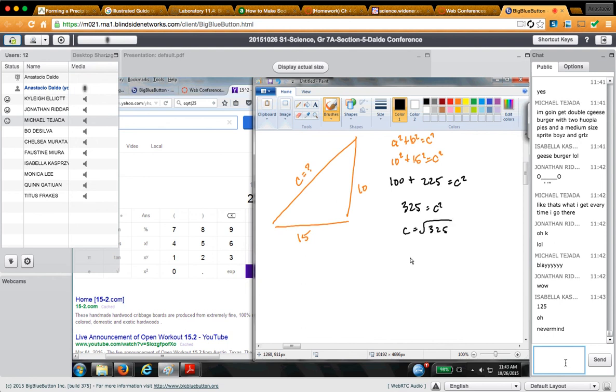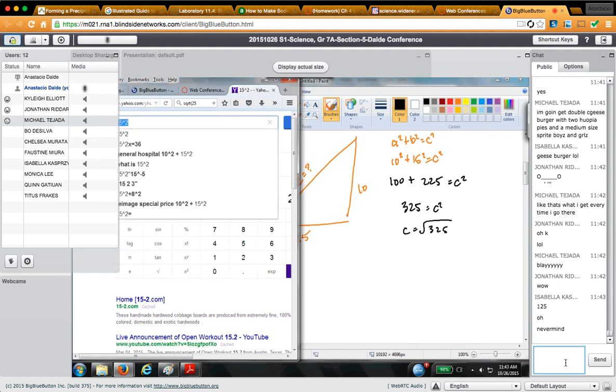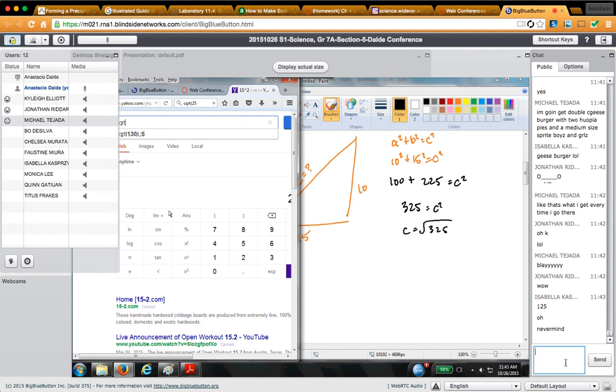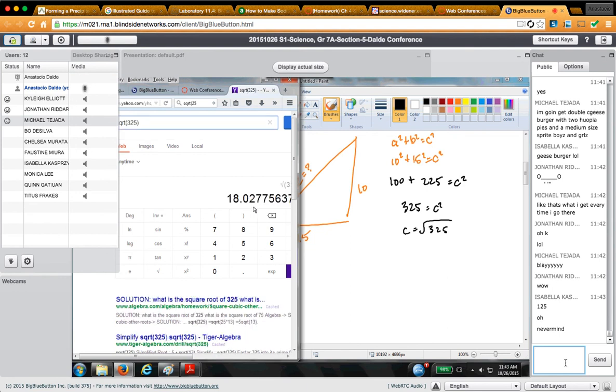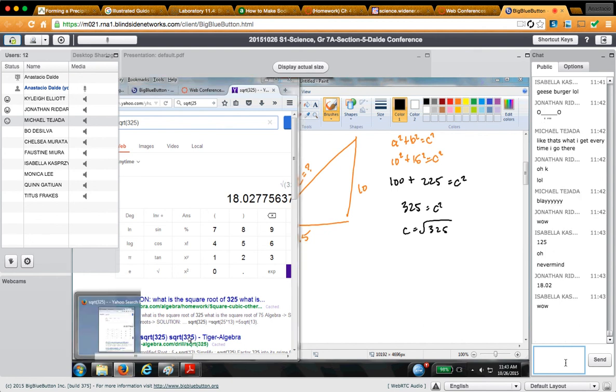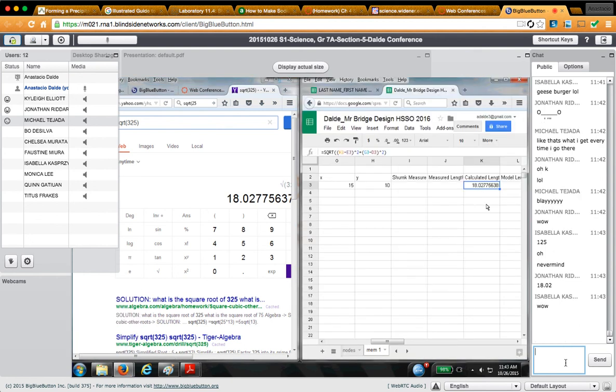And if we take the square root of 325, what do we get? 18.0277. But guess what? It's the same number there. So instead of having to calculate it out every single piece, the computer will do it for us.